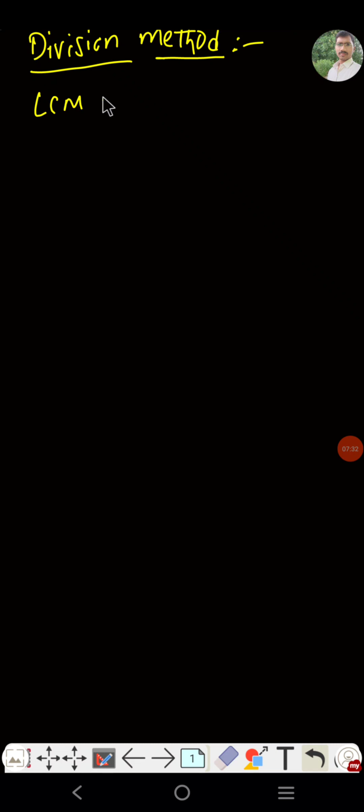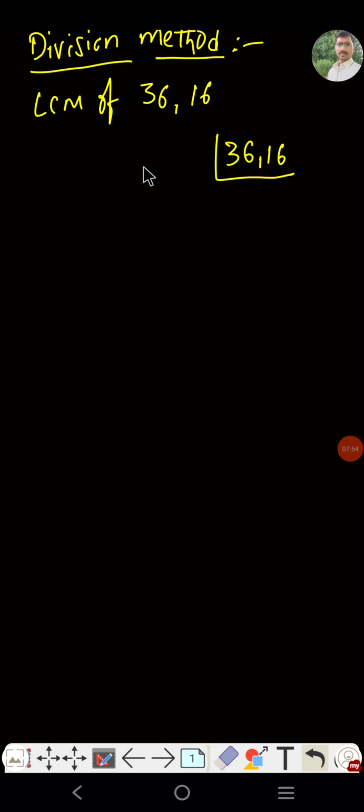Find the LCM of 36 comma 16 in the division method. Not only these two, you can take any 3 or 4 numbers also, no problem. So the LCM of 36 comma 16. First write down like this, 36 comma 16.